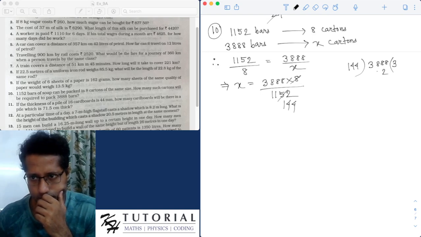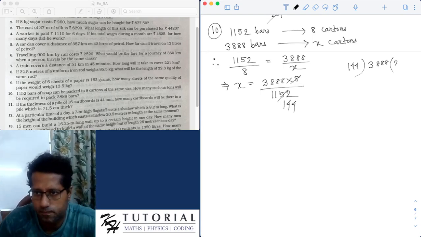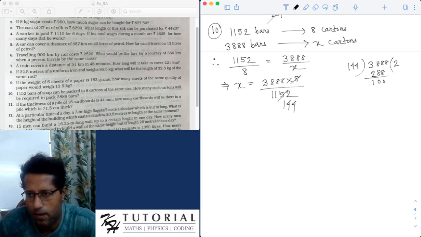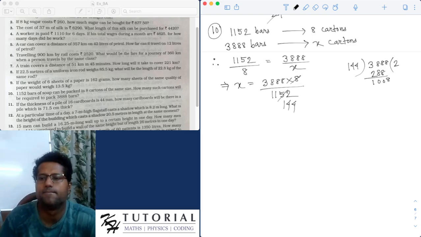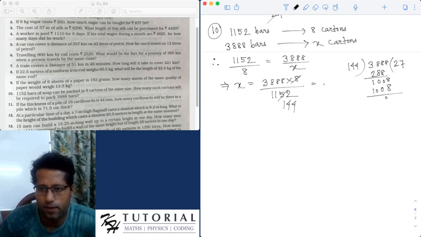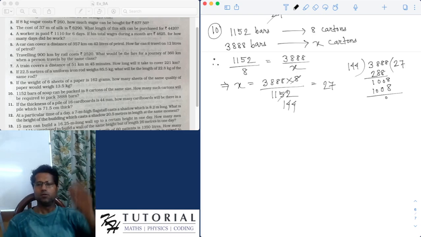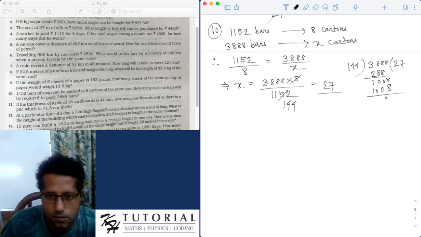I guess it will divide by 27: 144 times 27 is 3888, yes. So this is 27. So 3888 bars can be stored in 27 cartons. So this is the answer.